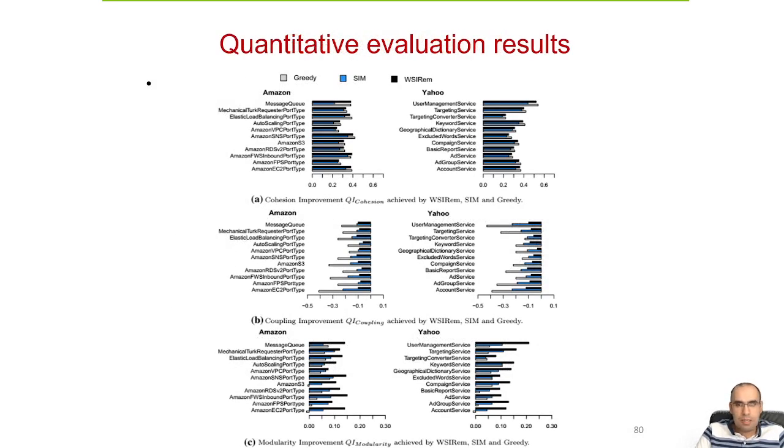In terms of cohesion, we found that the greedy algorithm is the best, as it tends to generate more interfaces, so they are more cohesive. But looking at coupling, we found that our approach is the best. As a balance between both cohesion and coupling, the modularity metric reflects this trade-off better, and we clearly see that our multi-objective approach achieves a better trade-off than traditional graph partitioning and also than greedy search algorithms.